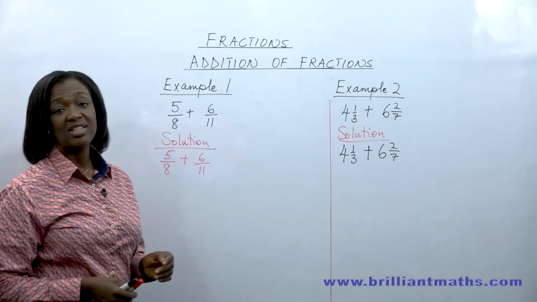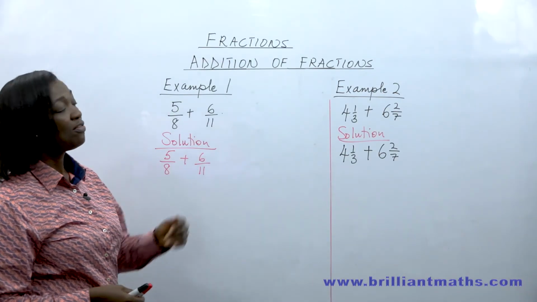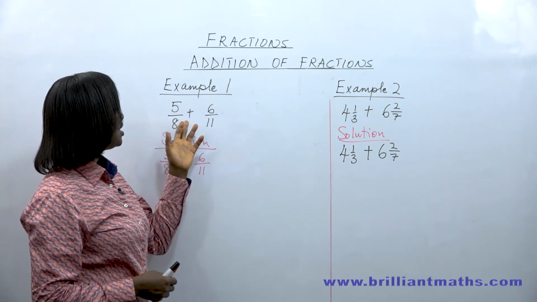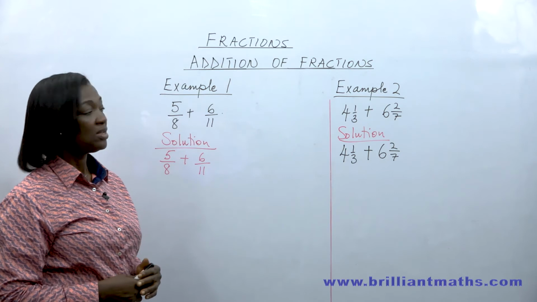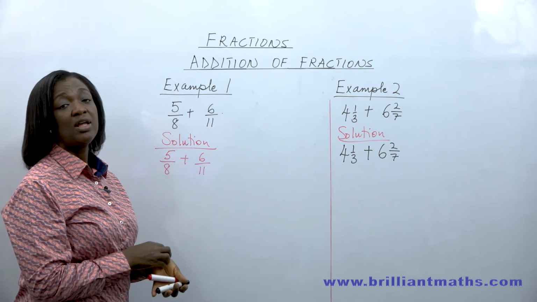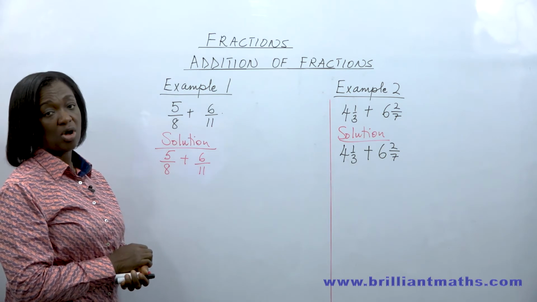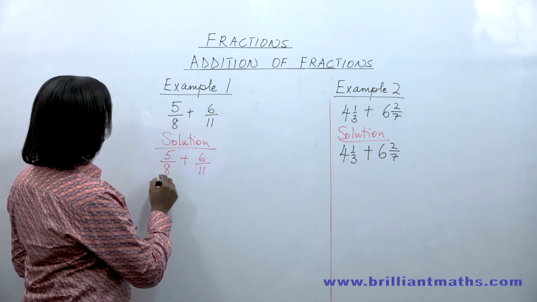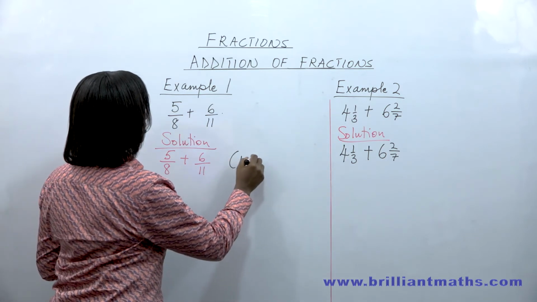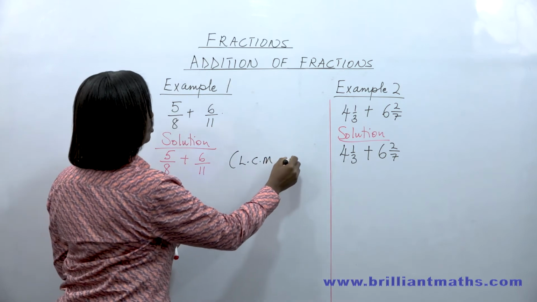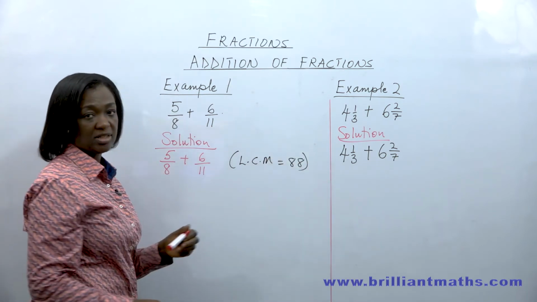In this part of the lesson, we want to learn how to add fractions. We're adding 5/8 to 6/11. So 5/8 plus 6/11. We have to find a common denominator, or LCM. So the LCM of 8 and 11 is equal to 88.